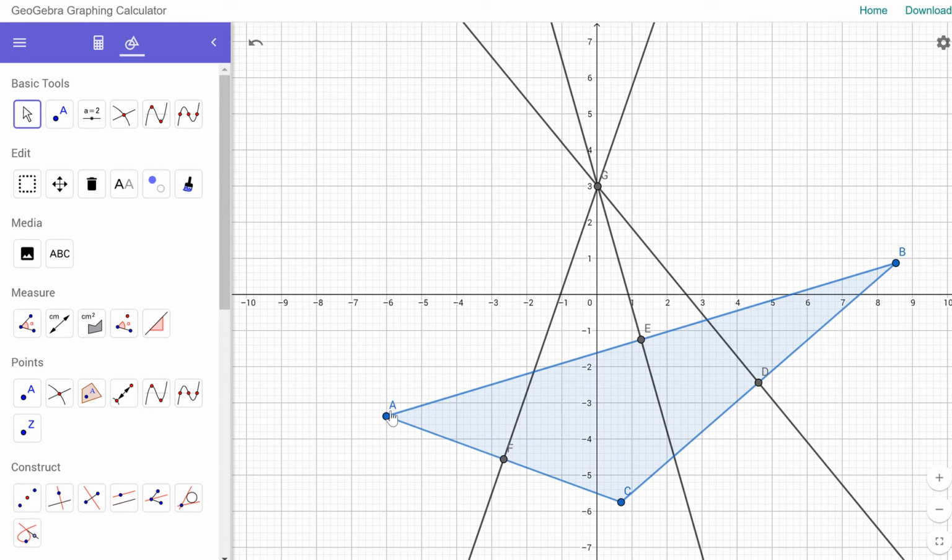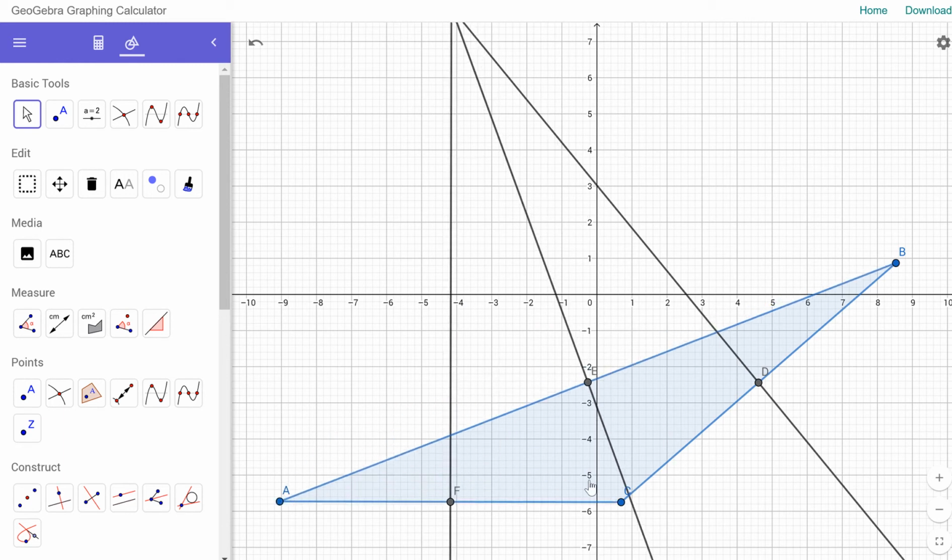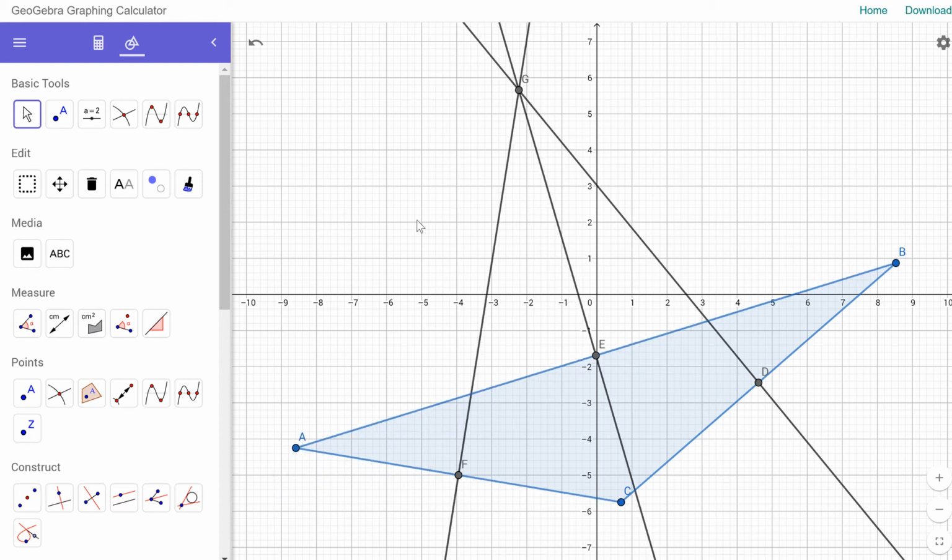What you'll notice is whenever this triangle is an obtuse triangle, so I can move this out here, overemphasizing the point that this is an obtuse angle here at vertex C, you can see that the circumcenter is way off our screen out there. I can bring it back into our screen a little bit by moving point A. There's our circumcenter way outside of our triangle. We have an obtuse triangle.